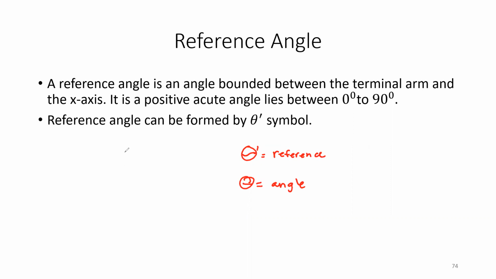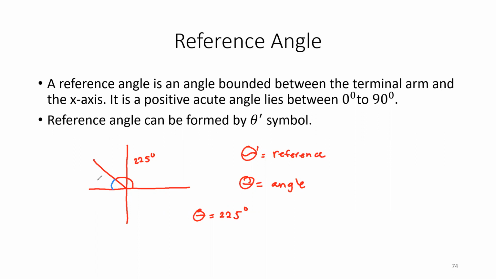So for example, let's say your theta was 225 degrees. And then your reference angle is like the smaller angle, the acute angle. It would be this angle right here. Let me use another color.